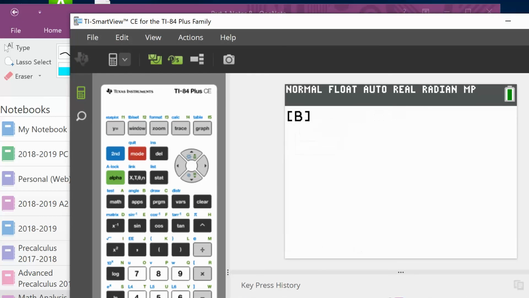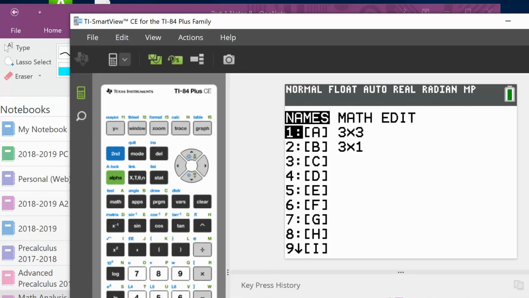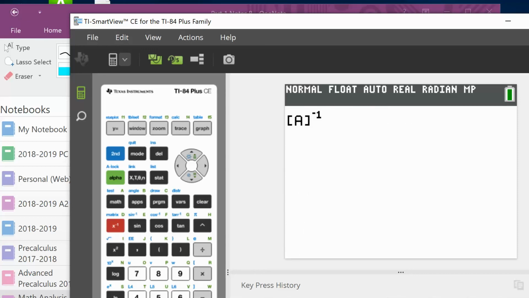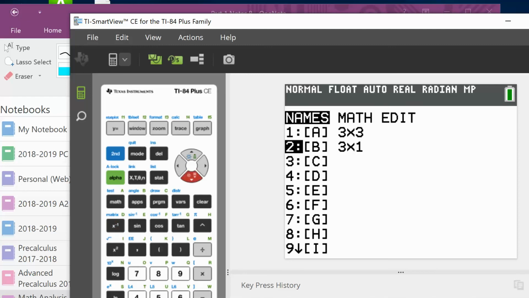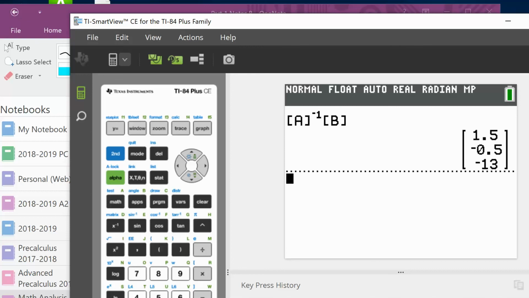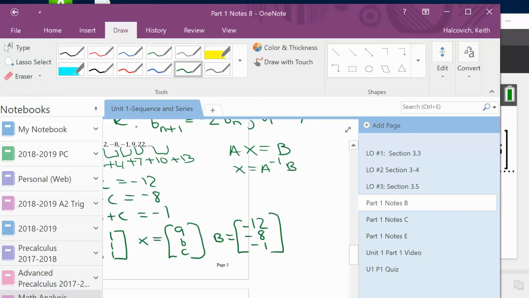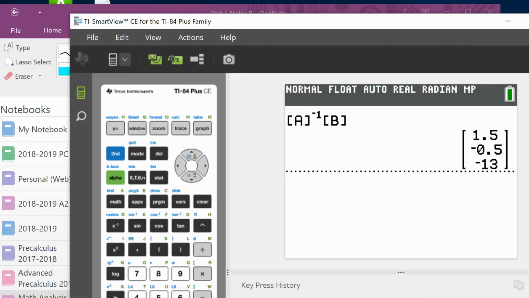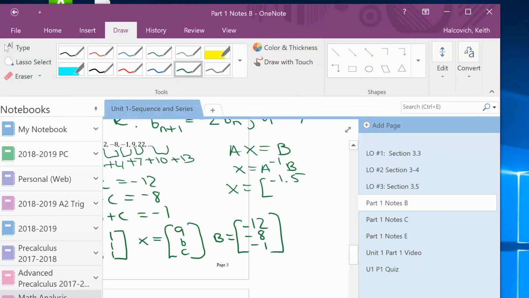So then you go quit, clear that, second matrix, and then select A, then hit the inverse, and then second matrix, and hit select B, and then hit enter, and it gives you the coefficients for the quadratic. So it gives you negative 1.5, negative 0.5, and negative 13.